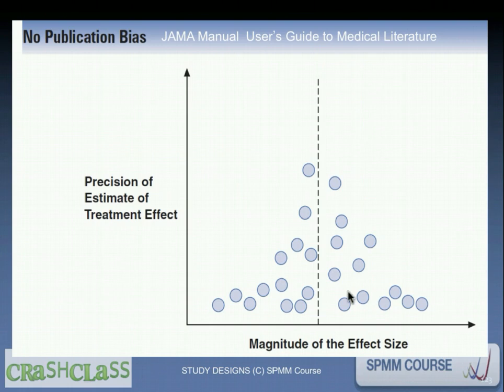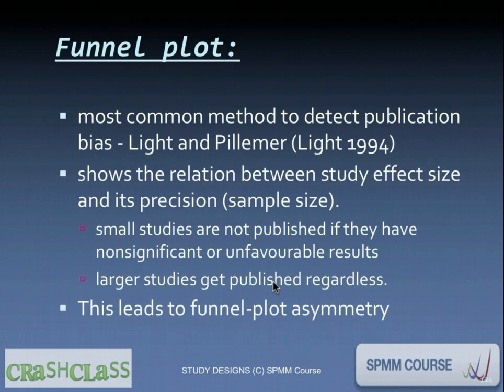If small negative studies are not getting published, you will see a quarter of the funnel missing, because small studies which show negative results will be typically missing in the literature. You can examine a funnel plot and decide whether it is symmetric or asymmetric. If it is asymmetric along the zero line, then you could say there is publication bias.